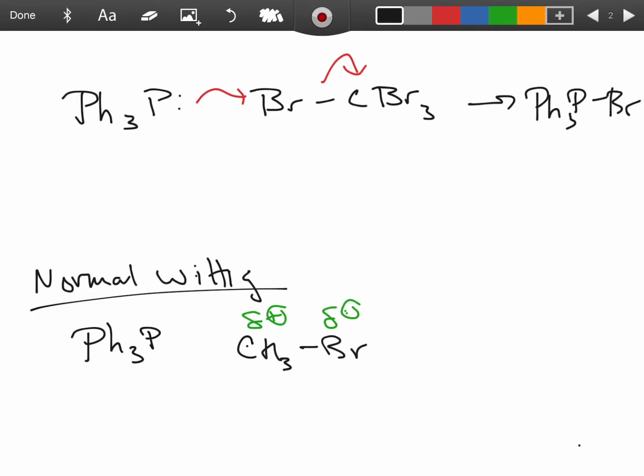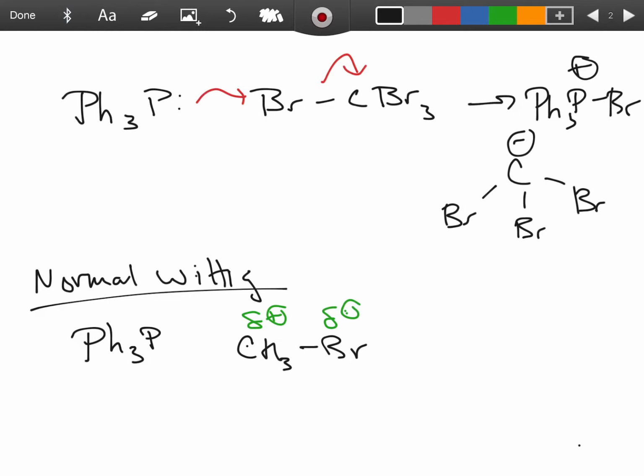But when you've got a carbon that has 3 halogens around it, that carbon's short electrons, it doesn't mind getting a negative charge, right? It helps balance out the fact that it's got 3 halogens around it pulling electrons away.